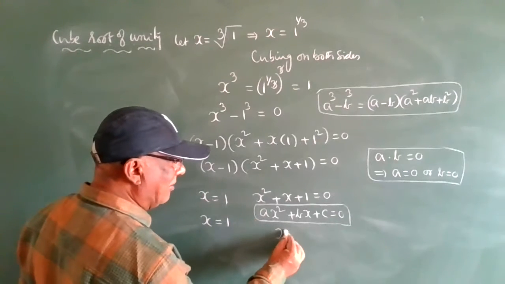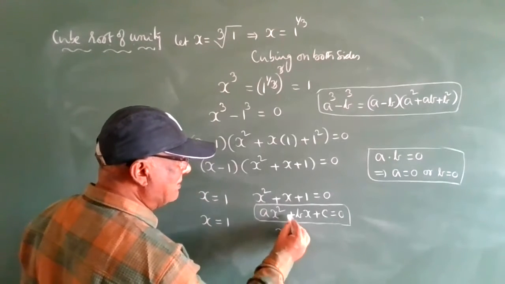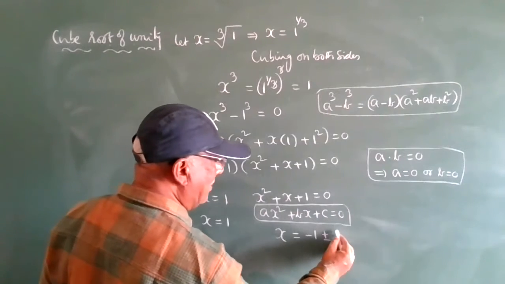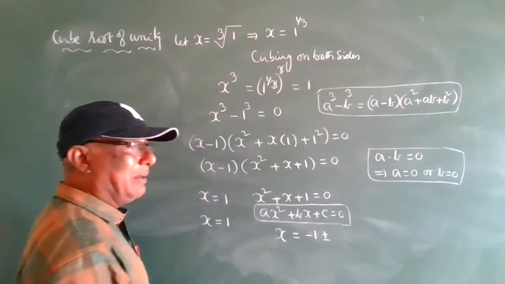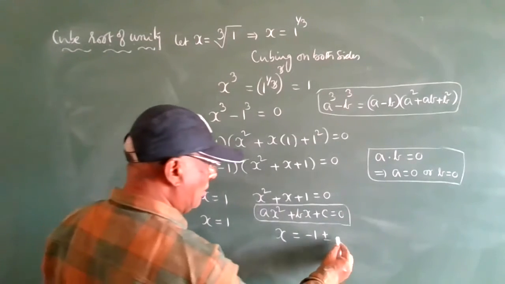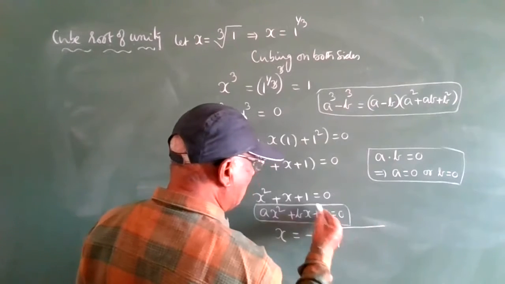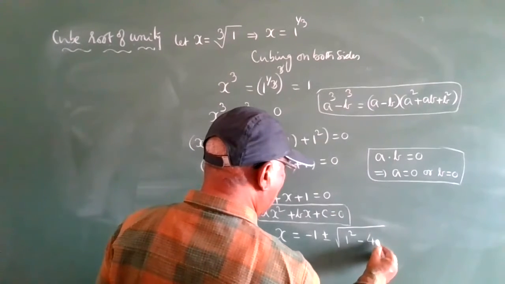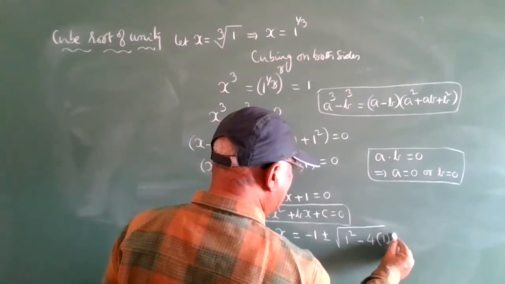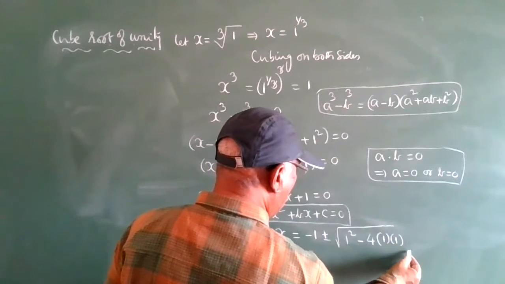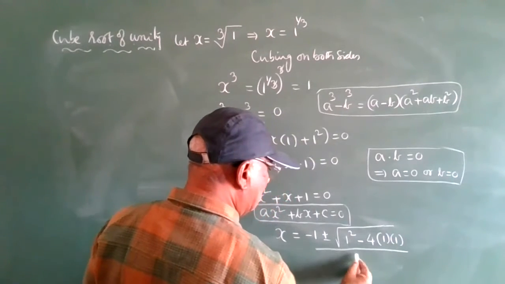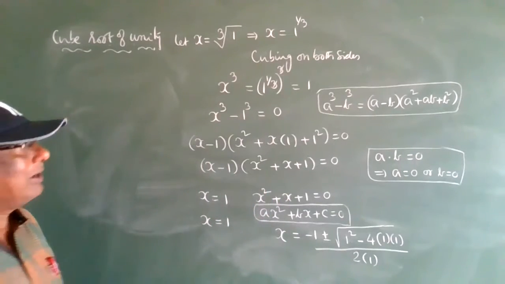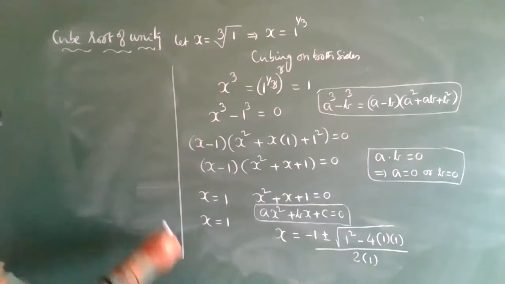Therefore, x is equal to minus b plus or minus root over b square minus 4ac, by 2a, where a is 1, b is 1, and c is 1. Okay?